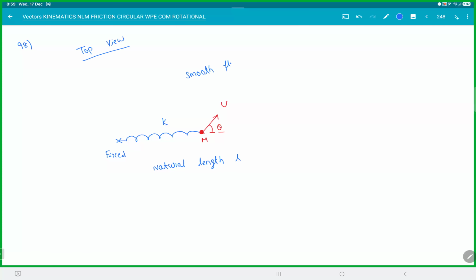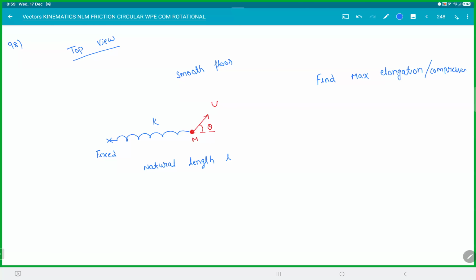Basically, on your floor, one side of the spring is fixed and the other side you kept a mass m and you kicked it. Find the max elongation, or compression. Just get me the equation, that is sufficient.